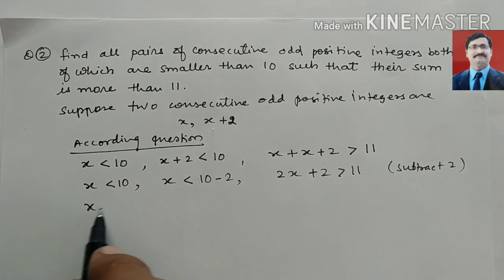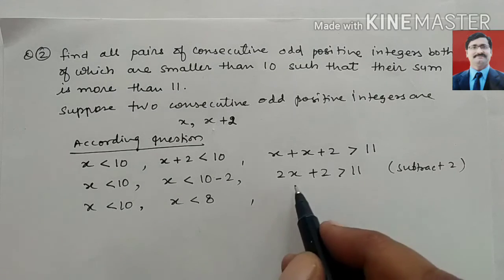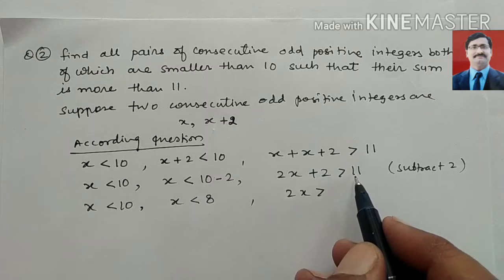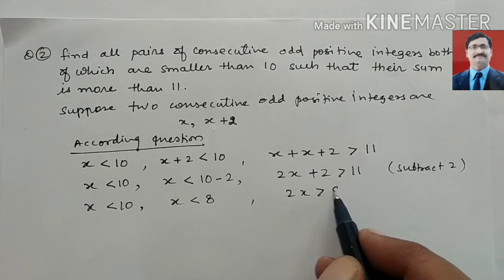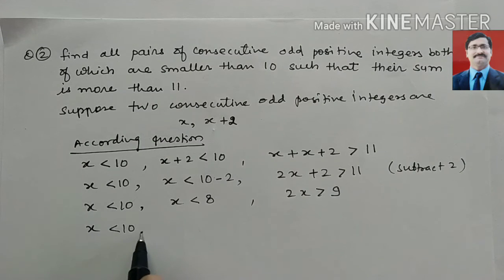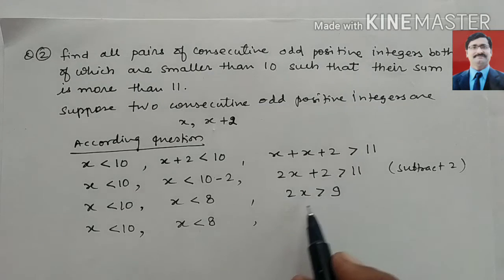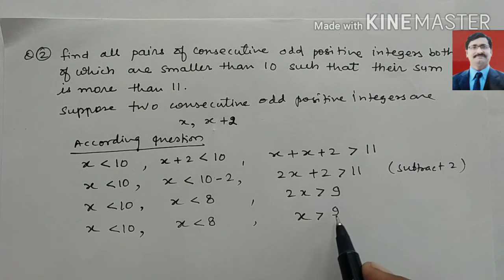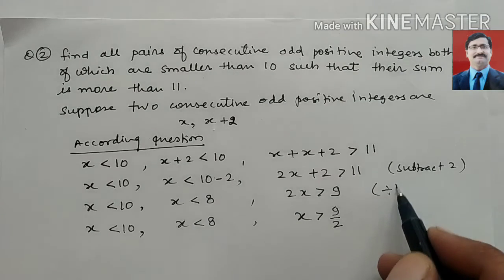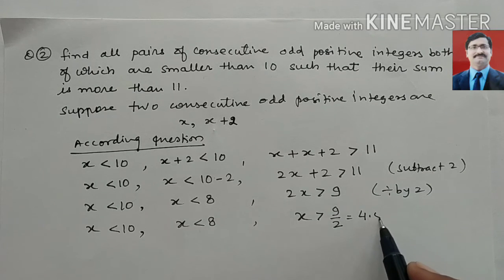Okay, now this will be x less than 10, this will be x less than 8, and this will be 2x greater than 11 minus 2, which is 9. So we can write x less than 8 and 2x greater than 9, means x greater than 9 by 2. We divide by 2, so this is equal to 4.5.